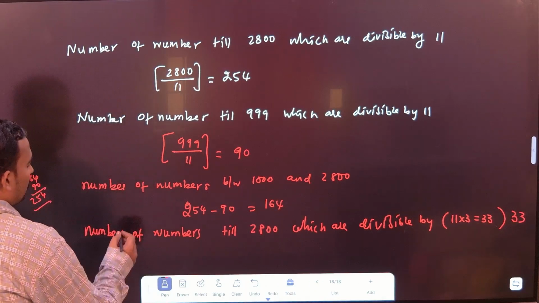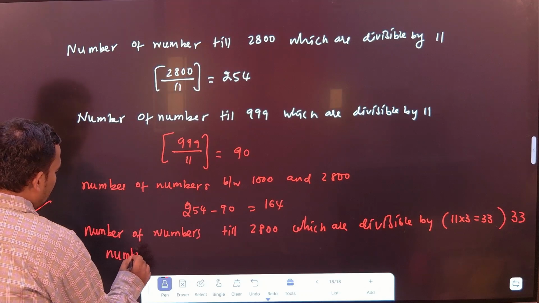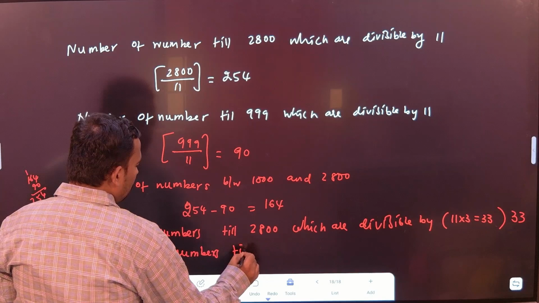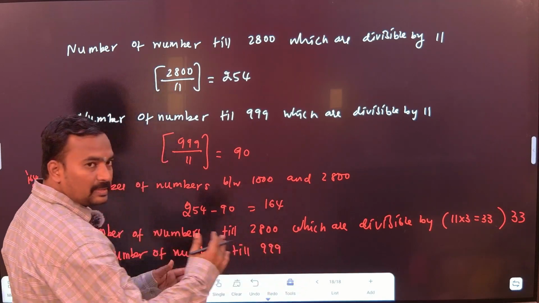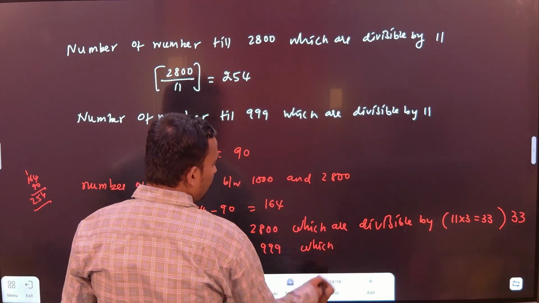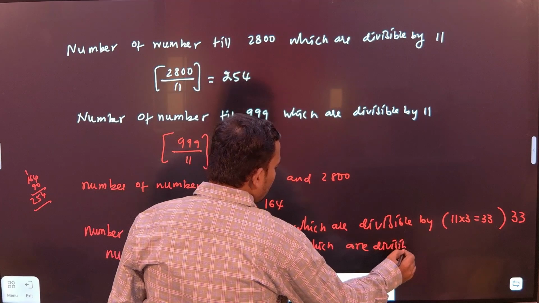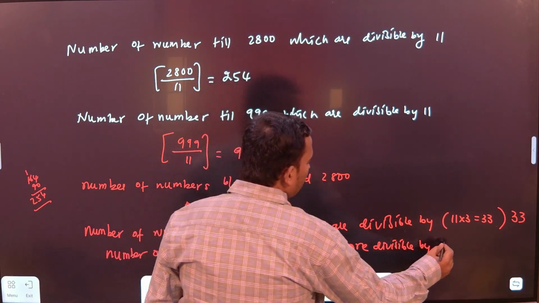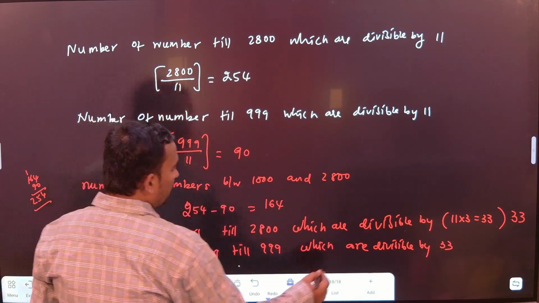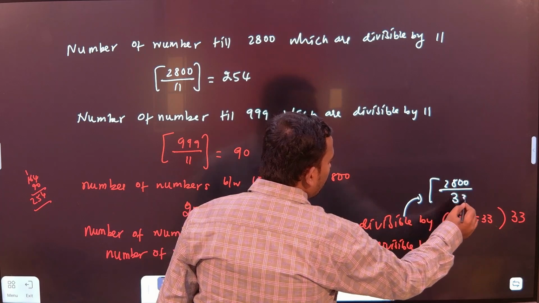Okay. So we need 4 digit numbers. So we have to remove the 3 digit numbers, right? The number of numbers less than 999, that is 3 digit numbers, which are divisible by 33. So the first case will be the greatest integer function of 2800 by 33.